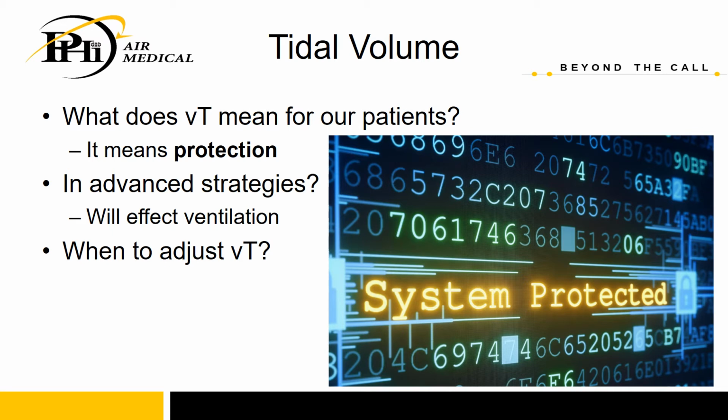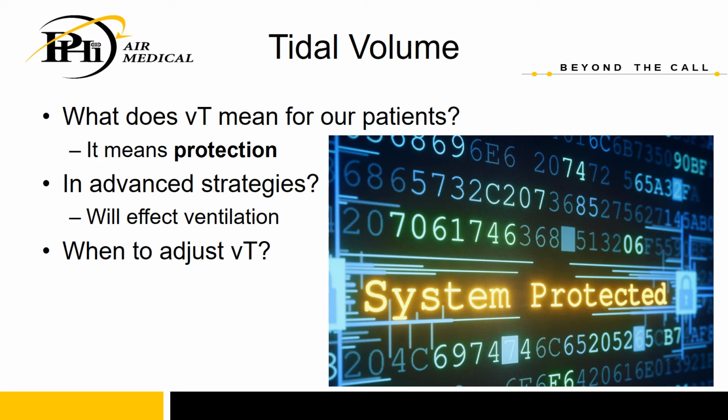If for some reason our pressures are too high, we can go down on our tidal volume in order to continue to protect our patients. We're going to revisit this protection concept here in just a few minutes, but we'll just let that percolate for a few.